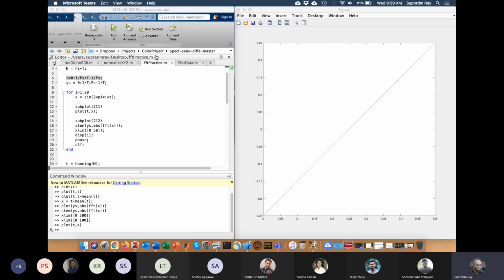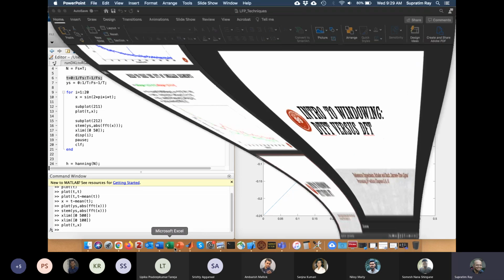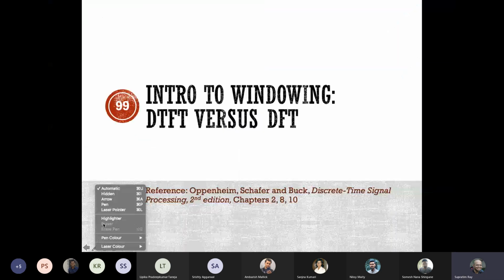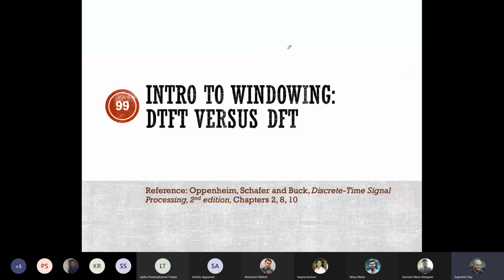But because I don't have that luxury, I'm actually making infinite copies of the signal, which means the signal that I'm creating out of this, let me try to draw here, is this.